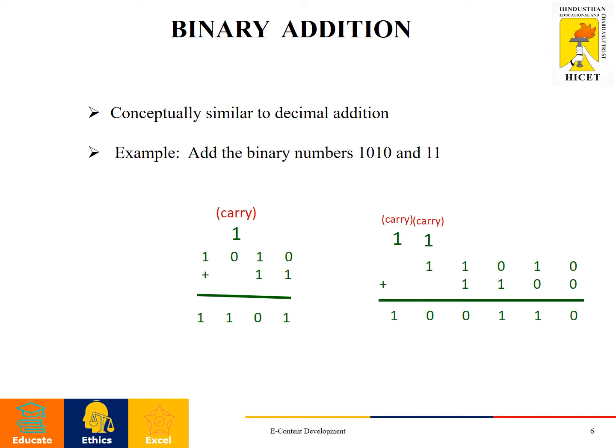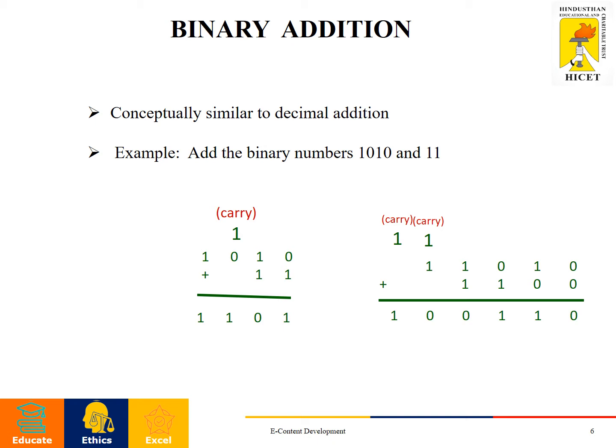If we add 1010 along with 11, this 0 and 1 will produce a 1, and this 1 and 1 will produce 10, so the 0 will remain here, and this 1 is the carry for the next element. And this 1 plus 0 will produce an output 1, and this 1 is carried, so if we add 1010 along with 11, the output will be 1101.